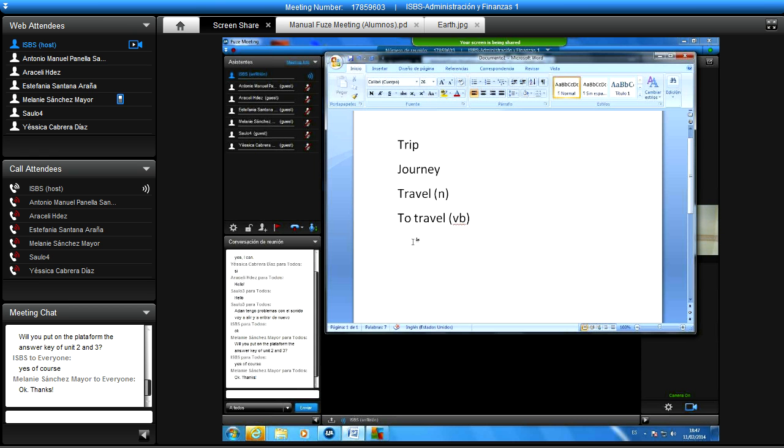Okay? Viajar, but also viajes in general. So travel as a verb is easy. However, travel as a noun is different from trip and different from journey, because travel is uncountable and trip is countable.